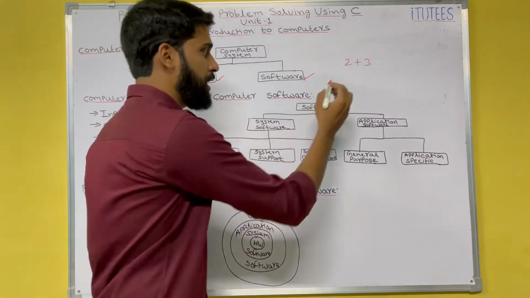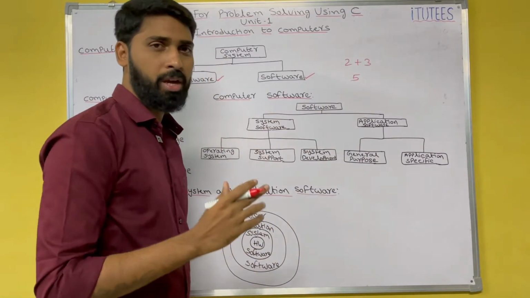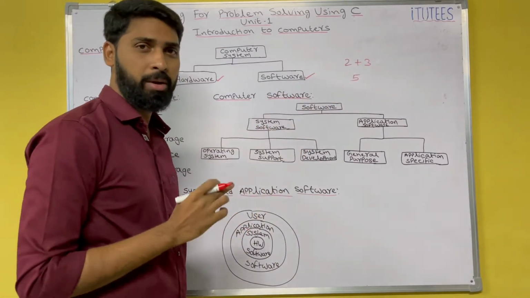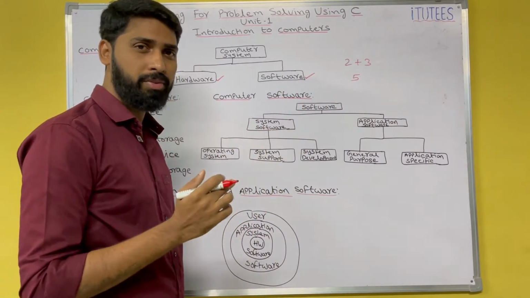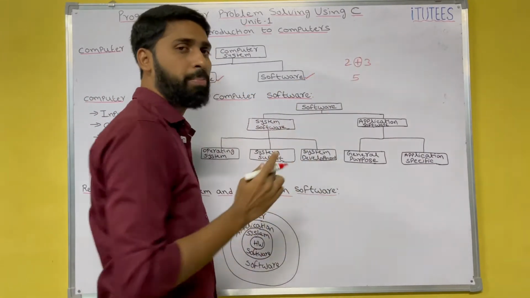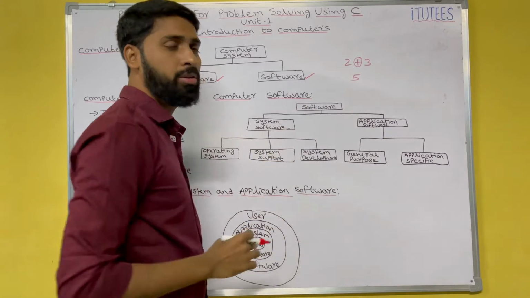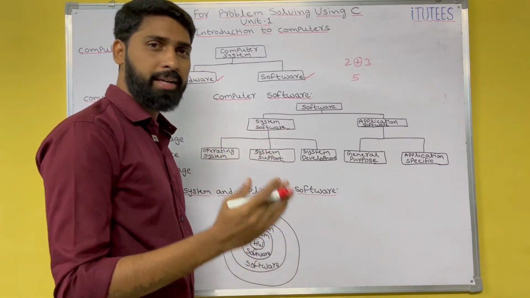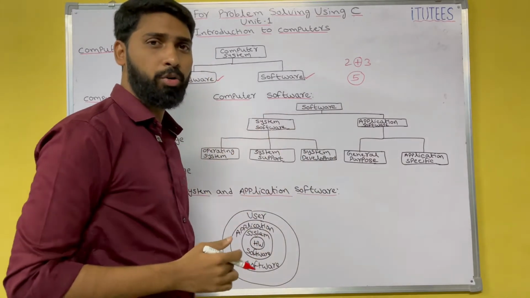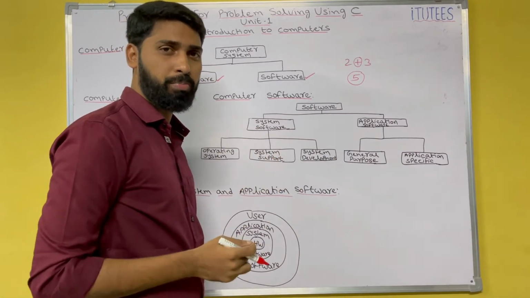Then I say 5 is the output. How can I say that? I listen to 2 plus 3 using my ears. After that, my brain applies the addition operation on these two numbers, then I get some output and I can tell that output using my mouth.